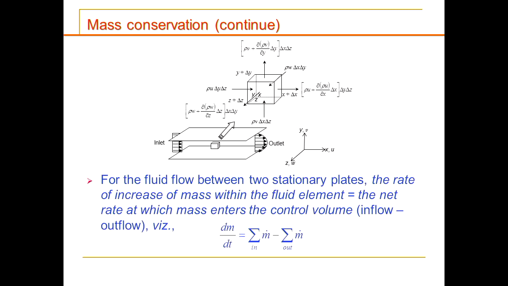So you have a partial change with respect to x. How we normally derive this is to use the Taylor series expansion.